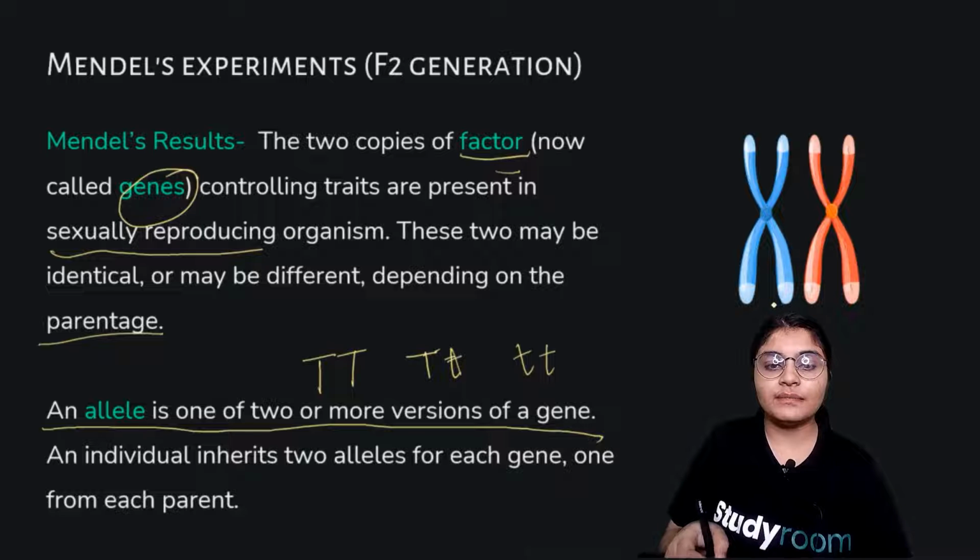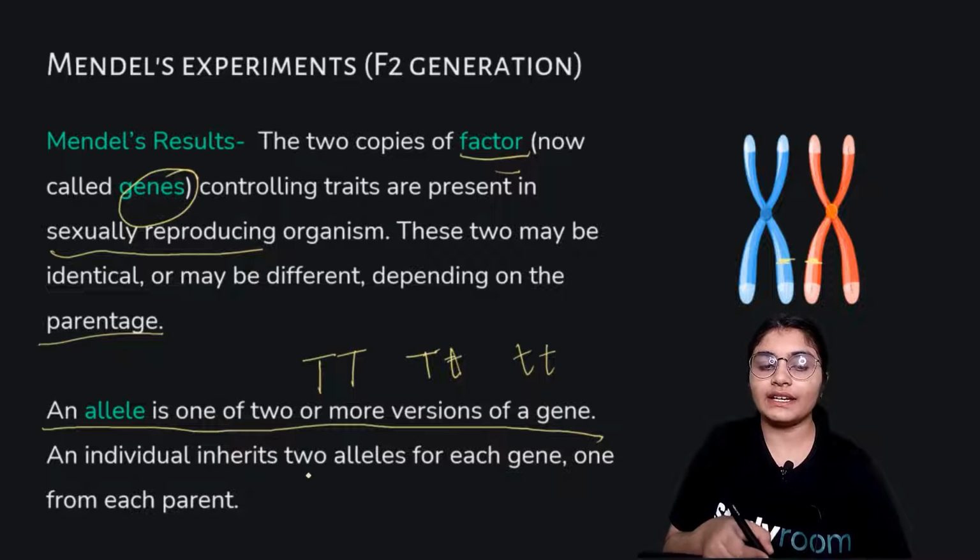Here you can see that two chromosomes are there, and on these chromosomes there are genes. These have two copies, which are known as factors, and one of these is known as an allele. So this allele is basically one of the two or more versions of a gene.